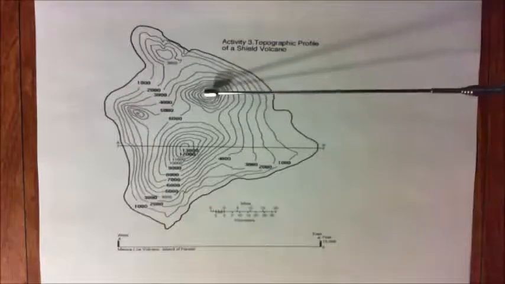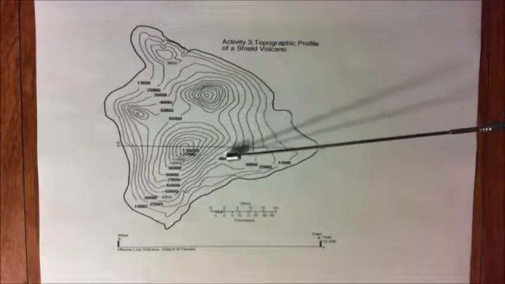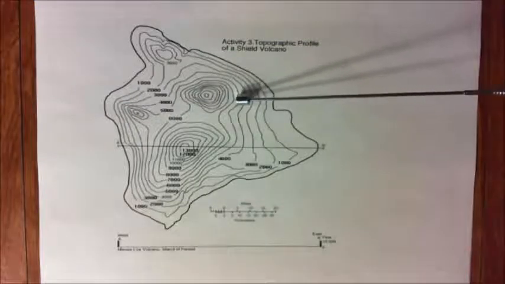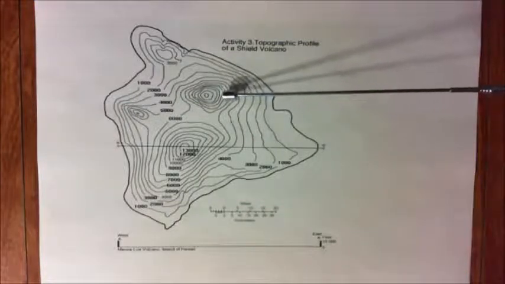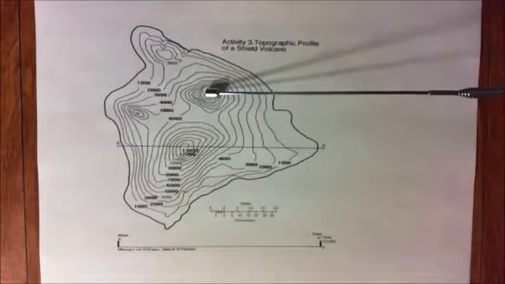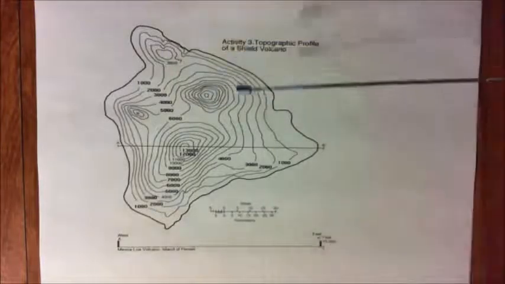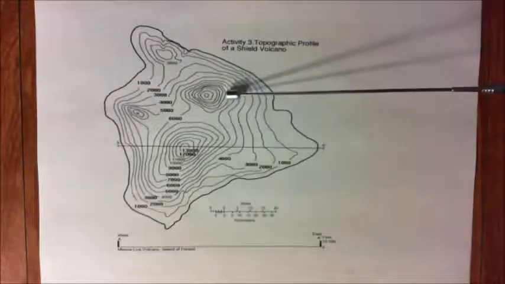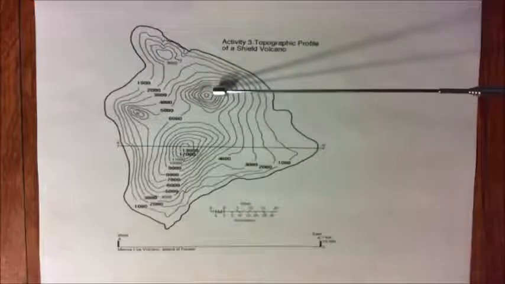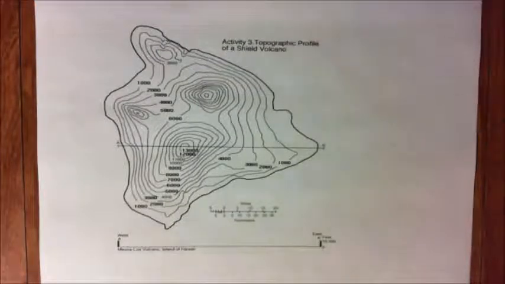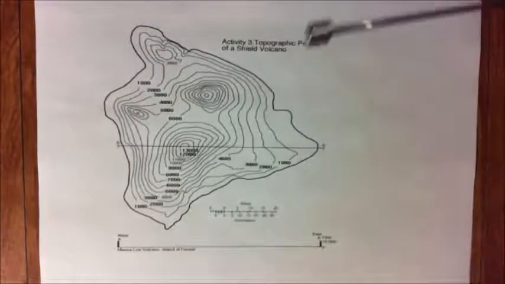If you need to find out how tall that place is, you just count them. 4,000, because that's marked. 5,000, 6,000, 7,000, 8,000, 9,000, 10,000, 11,000, 12,000, assuming I didn't lose count. Let me do that again. 4, 5, 6, 7, 8, 9, 10, 11, 12, 13,000 again to the last contour line.